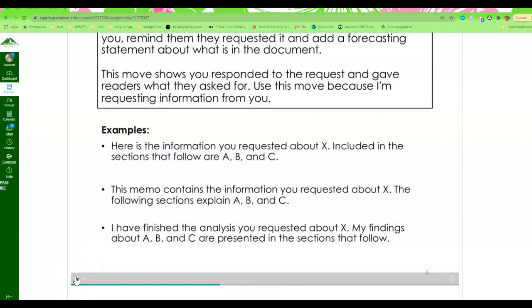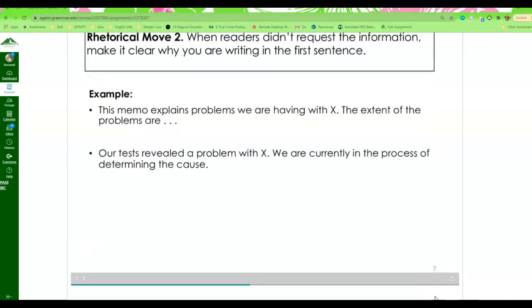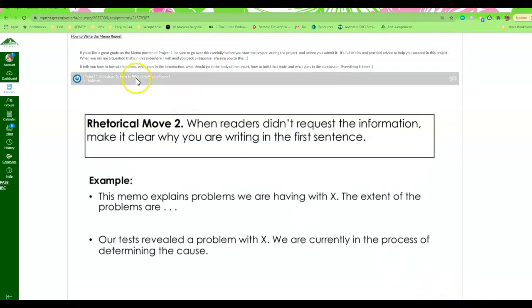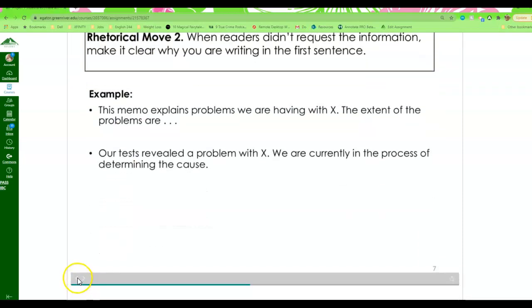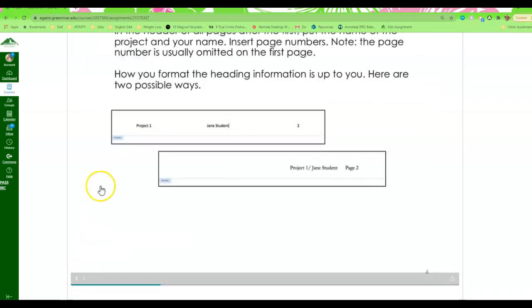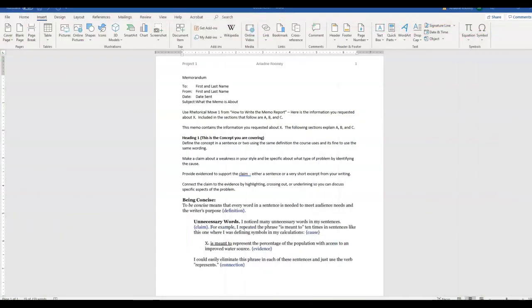It is slide 7 of the how to write the memo report slide shares. So that's where you can find this. I'm going to slide that back over there.